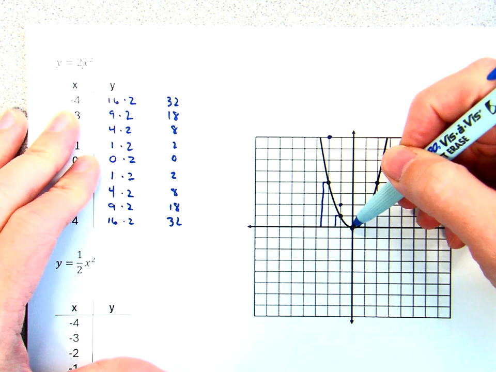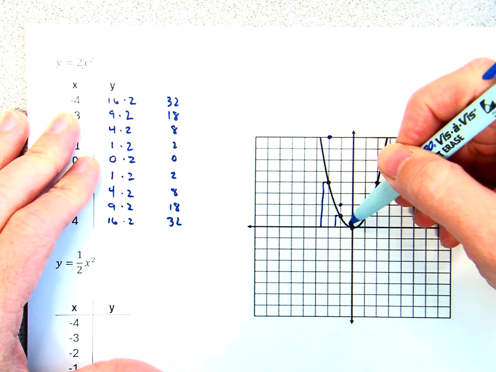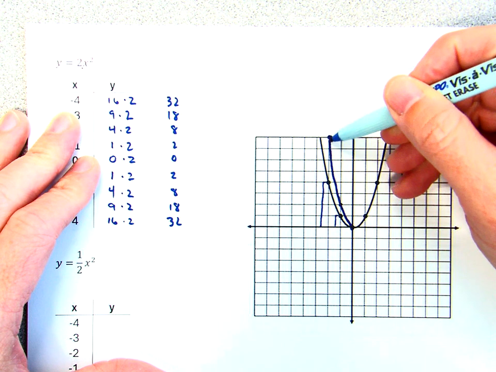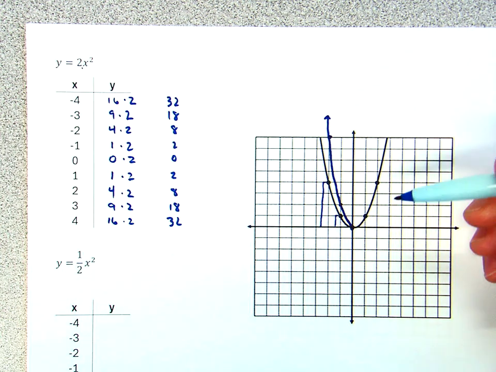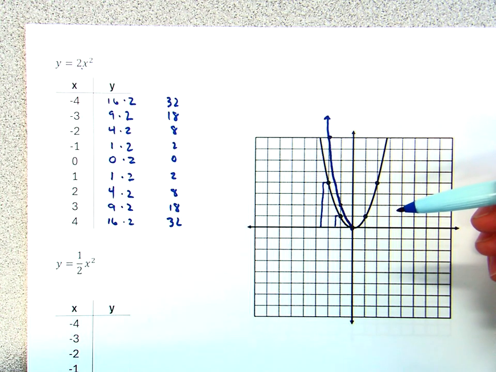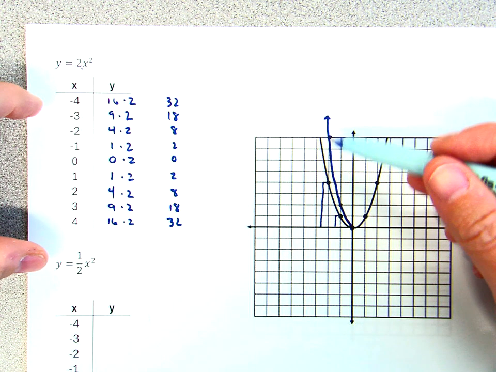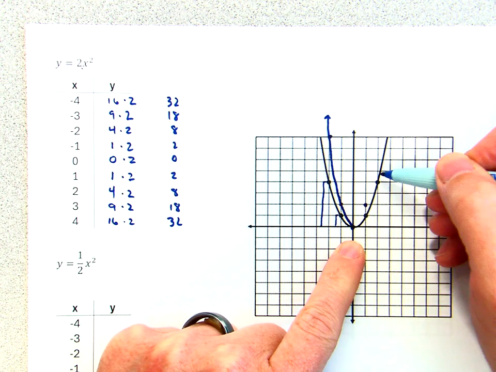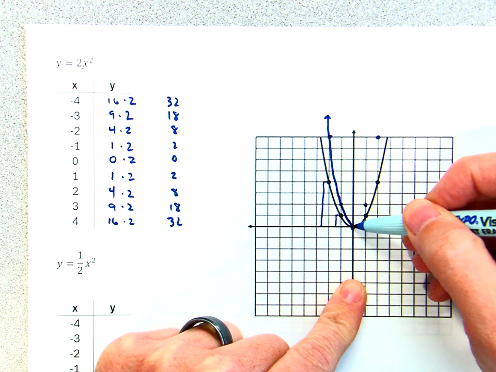So when I double these points, the distances they are away from each other start to change. So this 2 is actually going to change the shape. It's not changing the position in terms of the vertex, but each of these distances are changing, so the shape is actually changing.